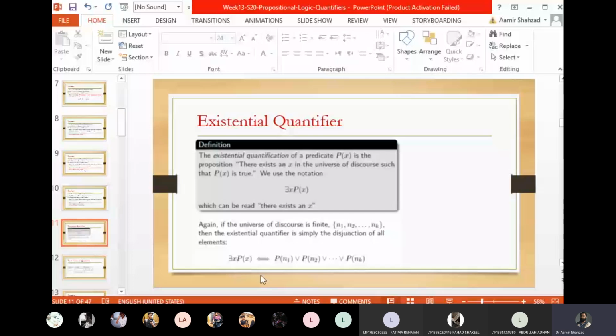So there exists x, p of x means या तो p of n1 true हो, या p of n2 true हो, p of n3 true हो, p of n4 true हो, या at the end p of nk true हो. किसी के लिए true होना लाजमी है. एक से ज्यादा के लिए भी true हो सकते हैं, सब के लिए भी true हो सकते हैं. Again, if you recall the truth table of OR operator, 0 0, 0 1, 1 0, 1 1, for p and q. अगर दोनों की वैल्यू 0 0 है, then p OR q is 0.